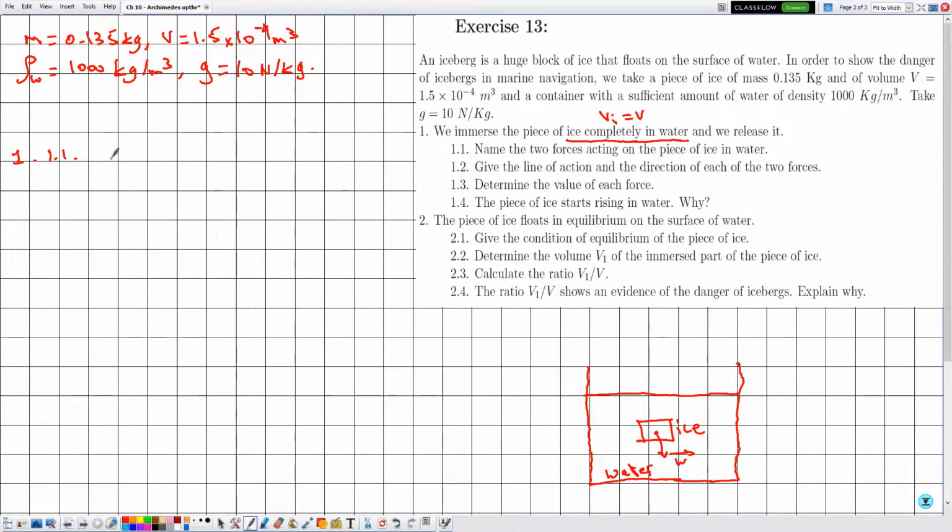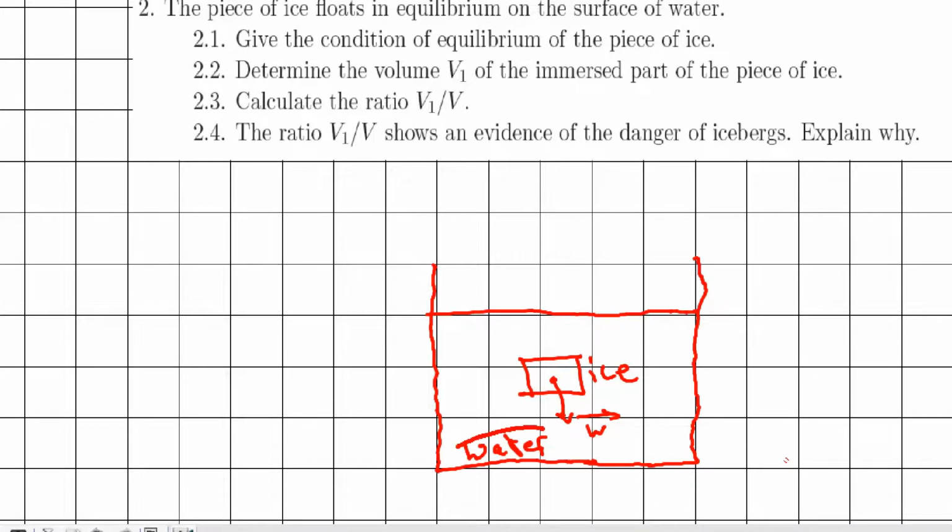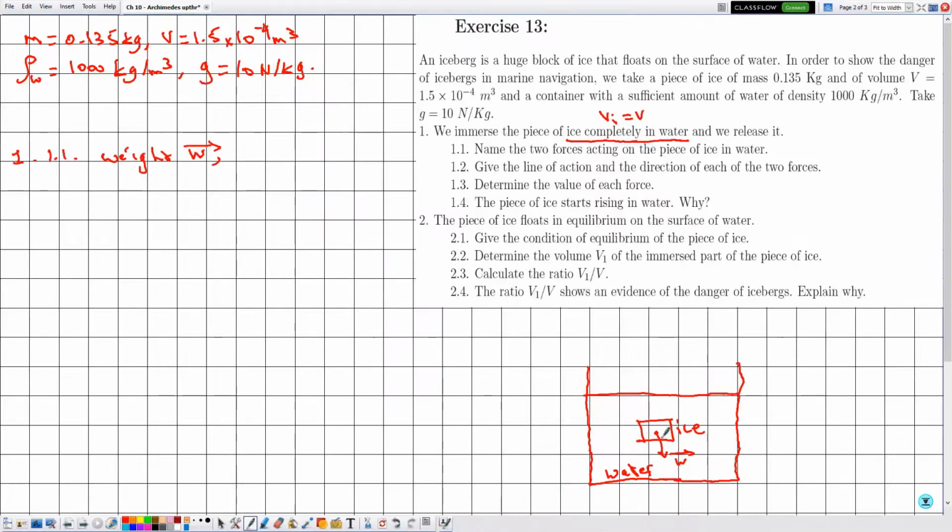So one of the forces is the weight W. And because we have a liquid which is water, the piece of ice will be directly subjected to the Archimedes upthrust force, which acts vertically upward like this. And the other force is the Archimedes upthrust force, F upthrust.